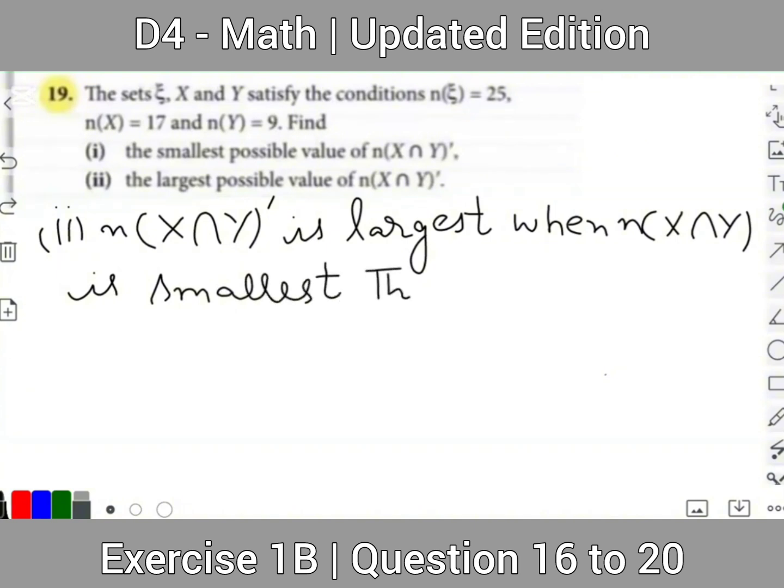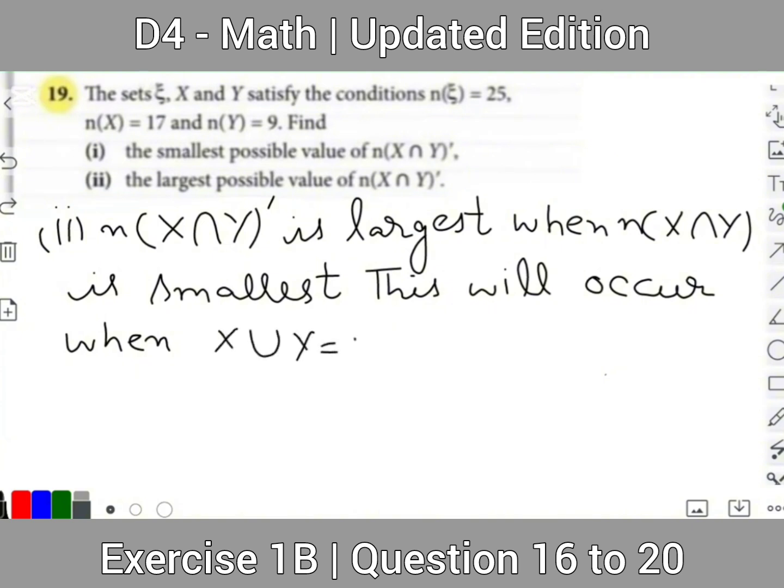This will occur when x union y is equal to the universal set eta. So it means the number of elements in the set x union y will be equal to the number of elements in the set eta, and that is equal to 25.